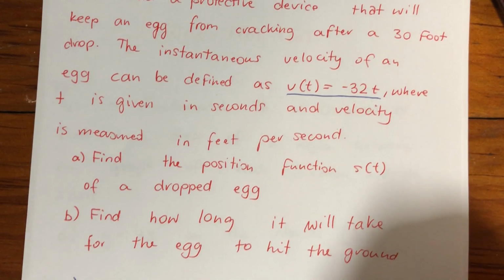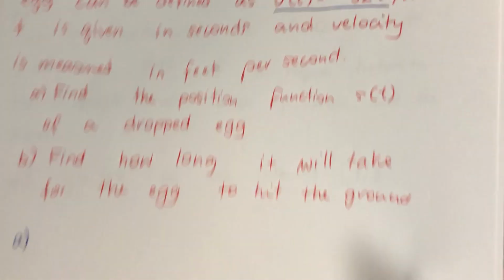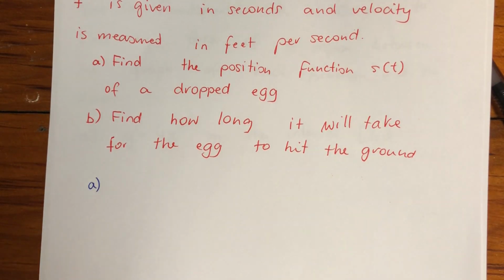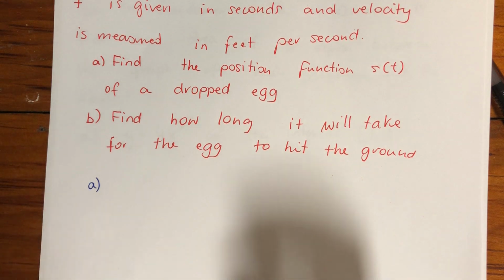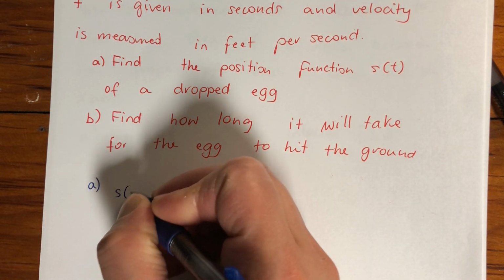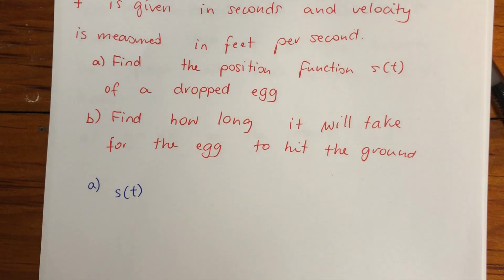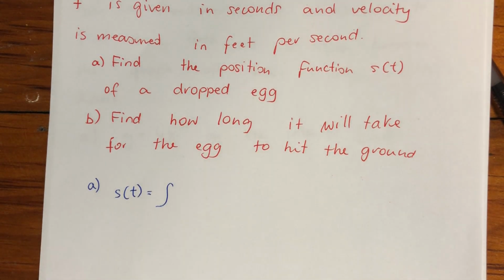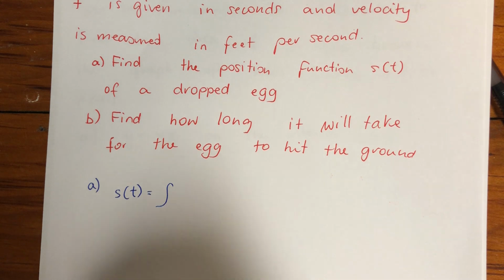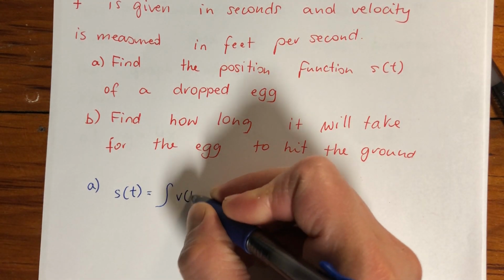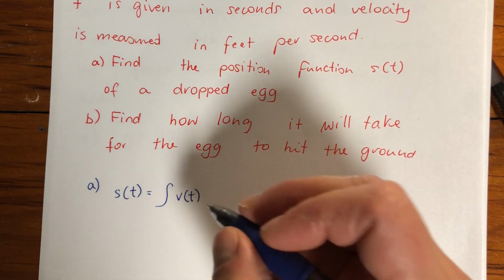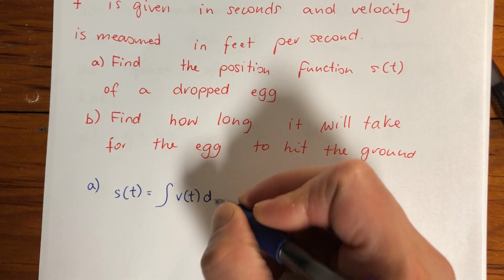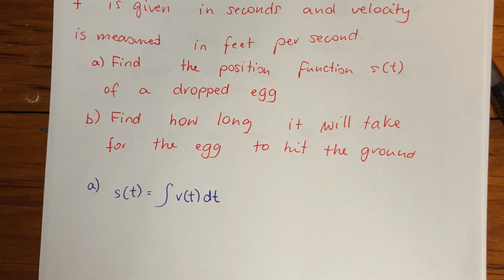Well, let's hope I will have enough room here on my paper. The first thing that I want to do is find my s of t. And I know that s of t is going to be, here I am using my new notation, the integral of the v of t function. And now the notation I need to use is dt.